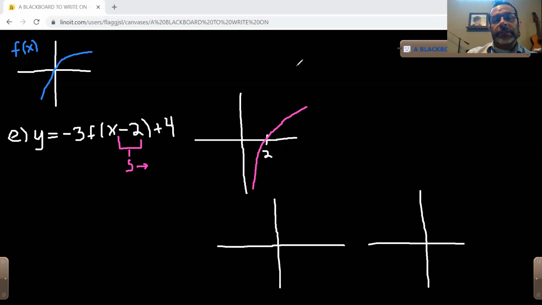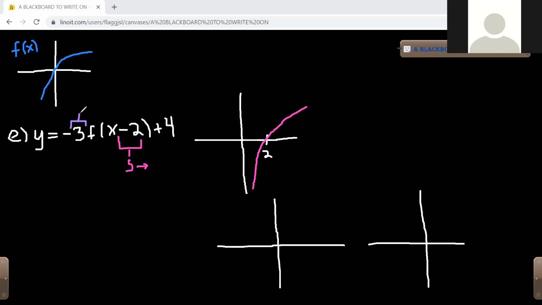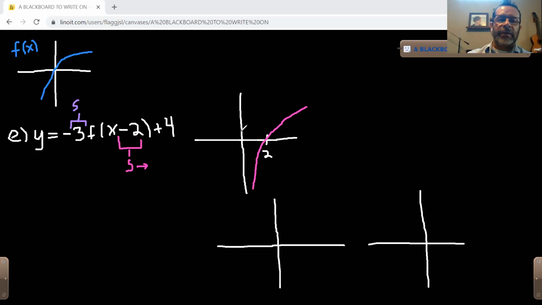Next up, we've got a 3 here. What is the 3 going to generate before the minus? A stretch. That's correct. The stretch just means that the function is going to be, it's literally like I'm pulling the function upward.